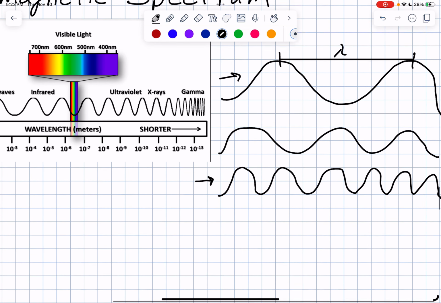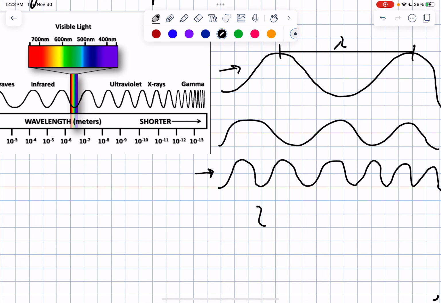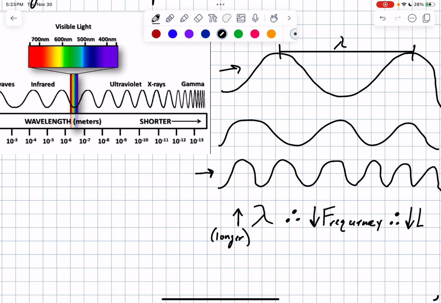So basically, what we're trying to get from here is that wavelength, and this is our lambda symbol, so for wavelength, it's a lambda. The longer the wavelength, the lower the frequency, and therefore the lower the energy.